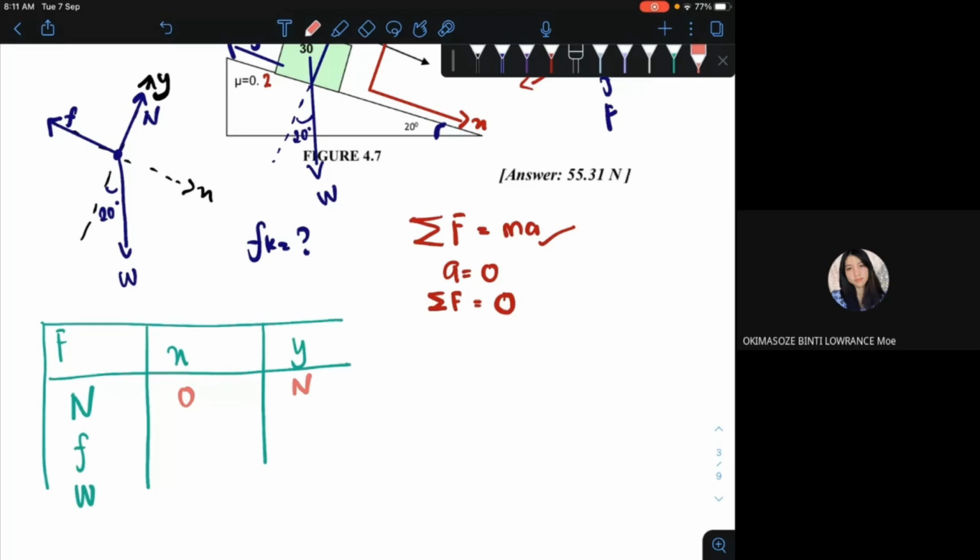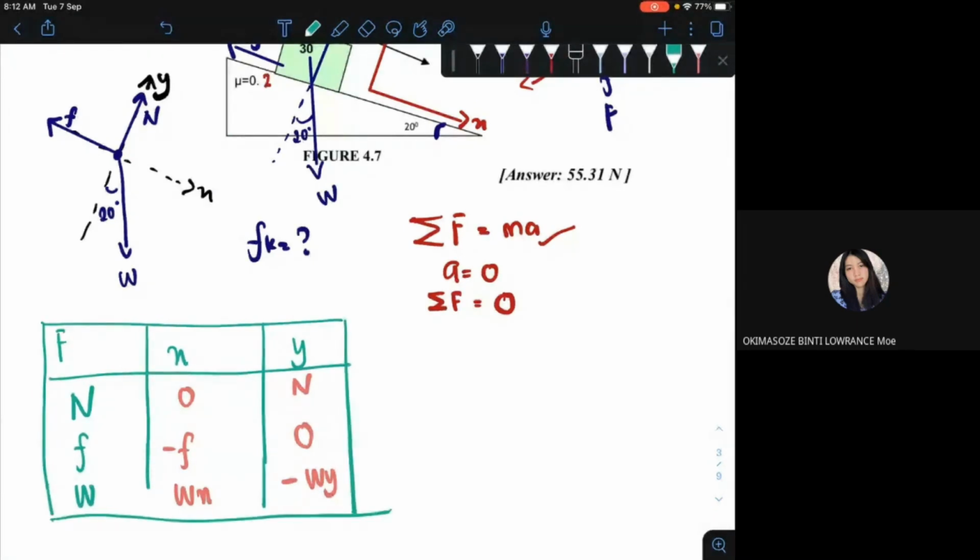Then your friction is along negative X axis. So negative friction. Ini kosong. Then W kamu berada di antara X dan juga Y. So kita akan dapat WX yang positif, WY yang negatif sebab ke bawah. Okay, so semua forces ni bila kita tambah should leads to 0.